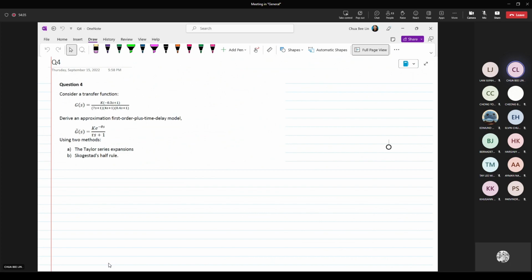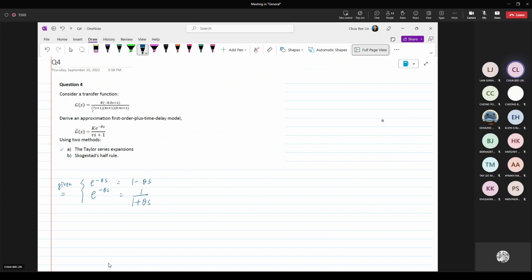Okay, so for this one, you will need to copy the equation e to the negative theta s. In the list of appendix, we have 2 equations given. This is 1 minus theta s. The other one is 1 over 1 plus theta s. So now they say, use the Taylor series expansion. Meaning that you do not have the half rule. The biggest tau will be your tau already.